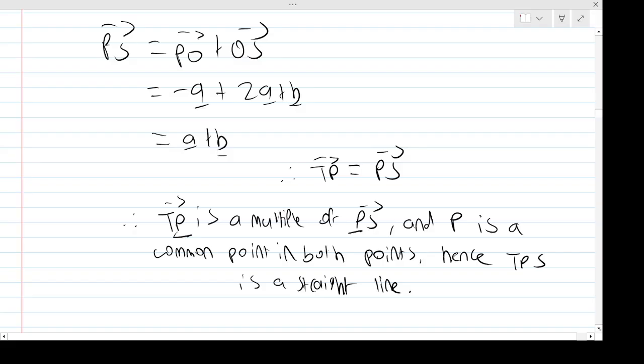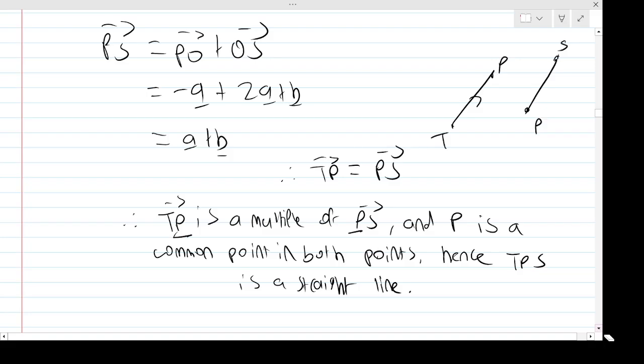The main reason why you have to mention that there's a common point in both vectors: say we found T to P, but what if P was somewhere else? What if P was in here and then we got from P to S? T to P and P to S are not on the same straight line.